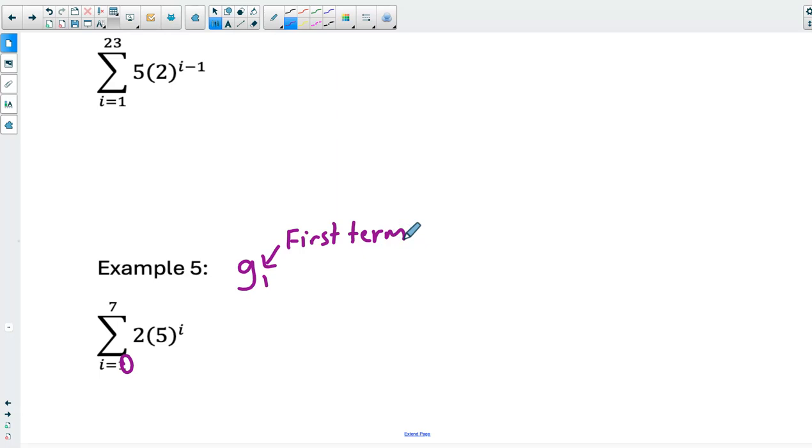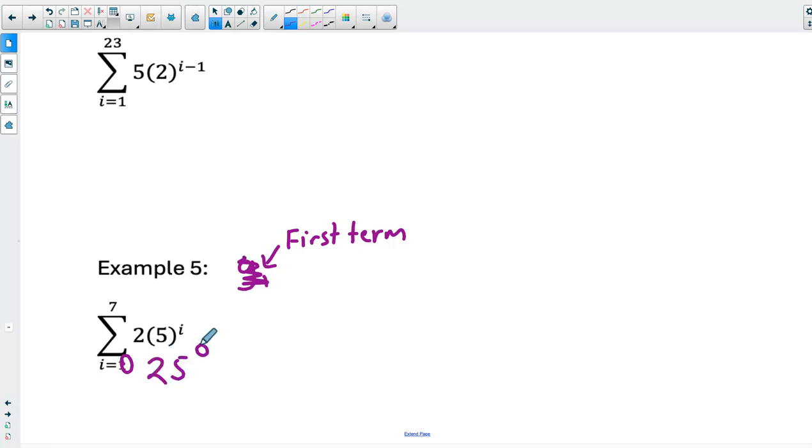This is telling me my first term is 0. So whatever this is when I plug it in is going to be the first term in my formula. So don't take g of 1 as having to be the first term. It could be g of 0 or whatever it is. So I start with 0 and I plug it in.